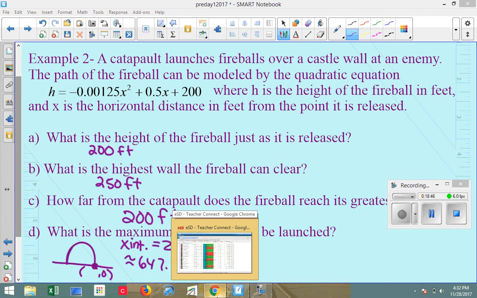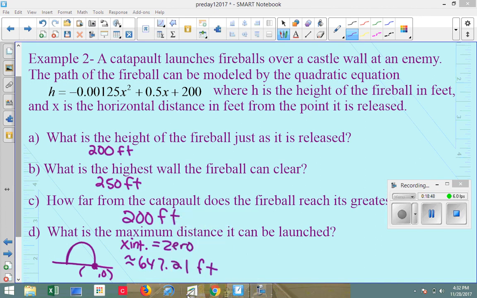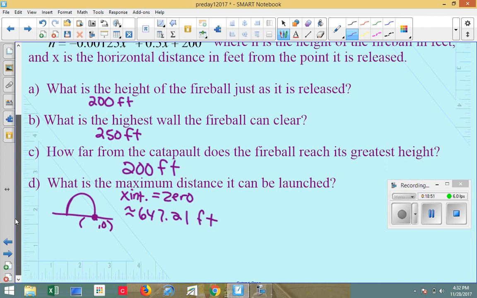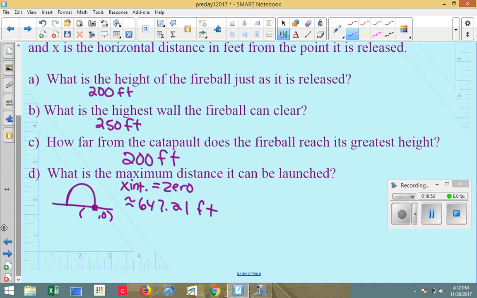Okay, so that takes care of our questions today. Really, I just wanted you to know how to use the calculate features on the calculator. So the 3 that we talked about are finding the y value when the x value is something. So y equals when we put in an x value, and that was in the calculate menu, calculate value.